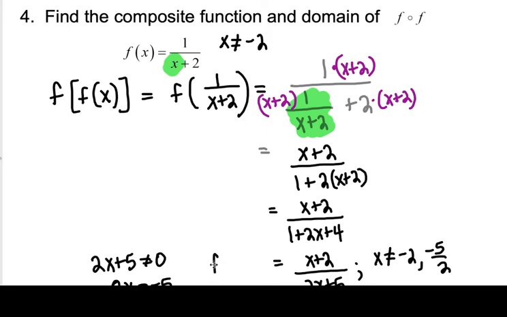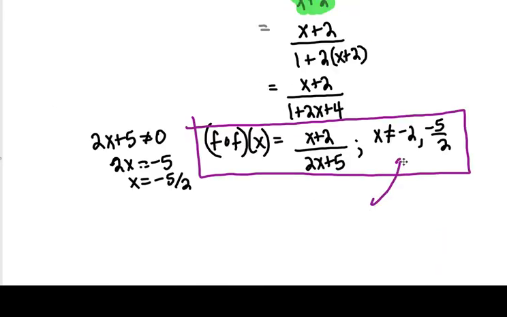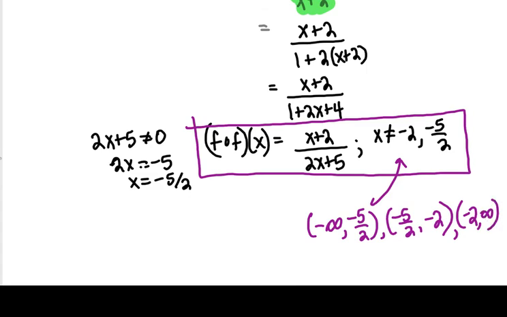So our answer, f of f of x is equal to x plus 2 over 2x plus 5, where x is not equal to -2 and not equal to -5/2. Now this might also be written in interval notation, -∞ to -5/2, -5/2 to -2, and -2 to infinity. So it could be written either way.